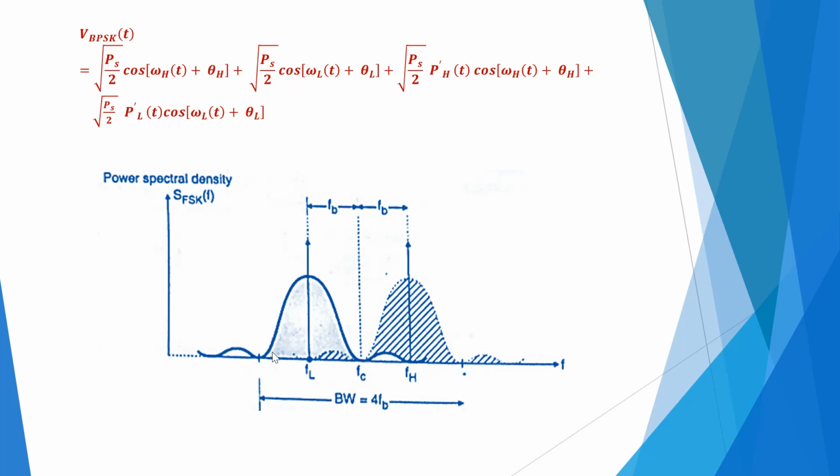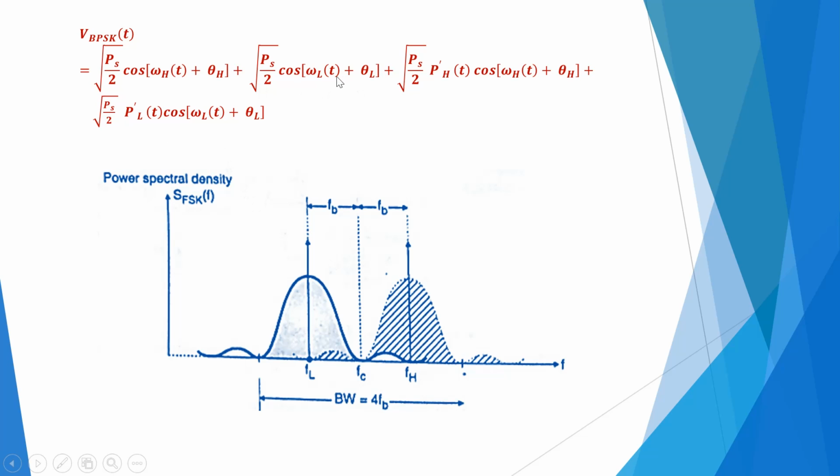Now, with the help of this equation, we can draw the spectrum of the BFSK signal. The power spectral density is shown over here for FSK. From this, we can find out the bandwidth of FSK. Actually, the first term will produce a PSD which consists of an impulse at FH.